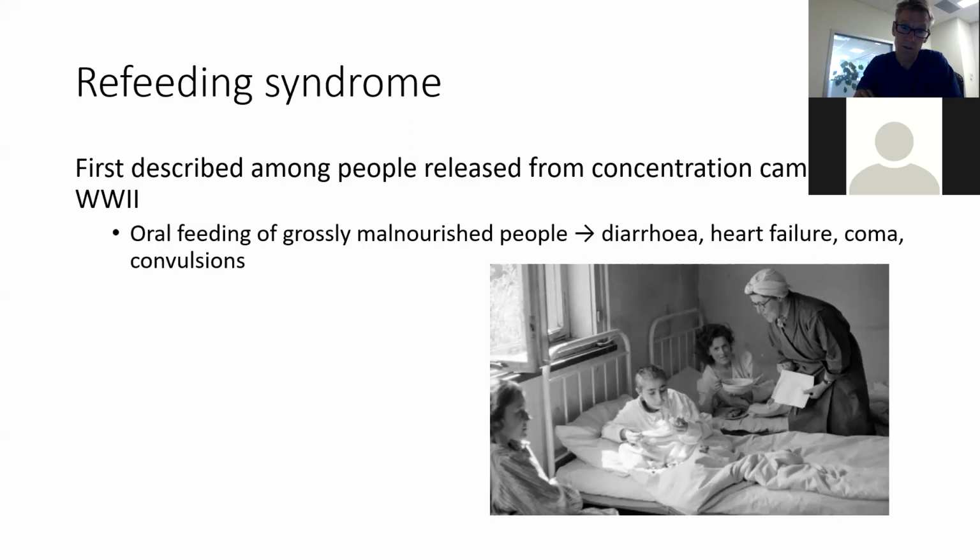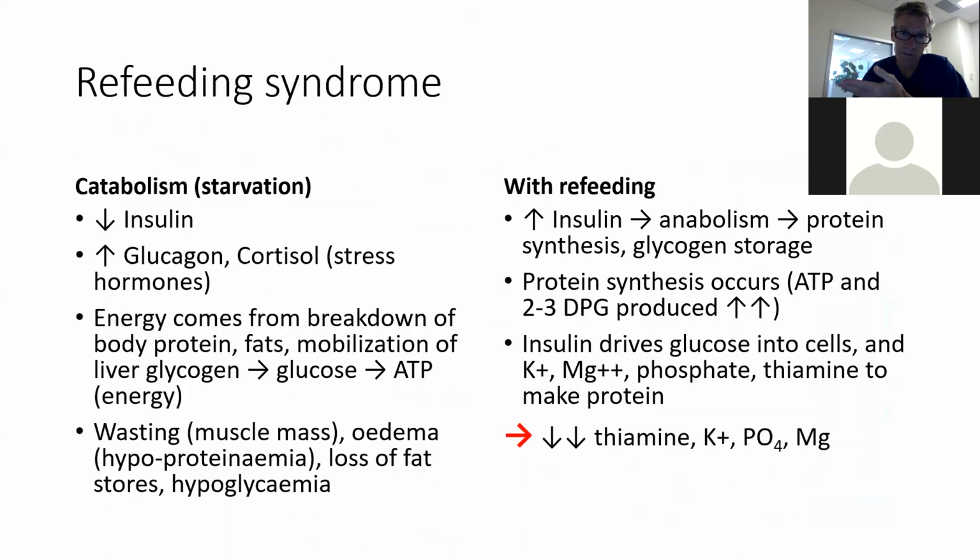They had severe malnutrition, and when they were given adequate amounts of food after being released, many of them got diarrhea, heart failure and convulsions, and they deteriorated severely. From being severely malnourished, they became severely unwell. It's now well understood why that happened, and it does sometimes happen to our children with severe acute malnutrition when we first start feeding them.